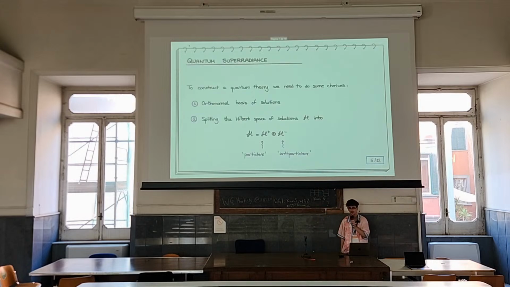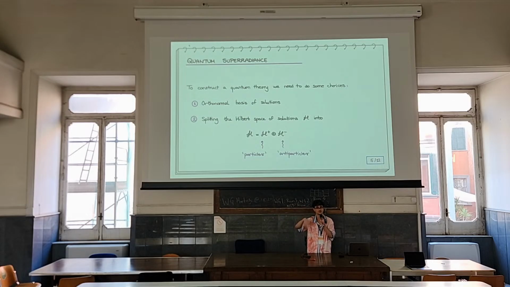However, let's construct a quantum theory to discover if we have quantum effects. Okay, so just to remember, to construct a quantum theory, what we need is to do 2 steps, and both are necessary. First of all, we need to find an orthonormal basis of solutions to our Dirac equation.